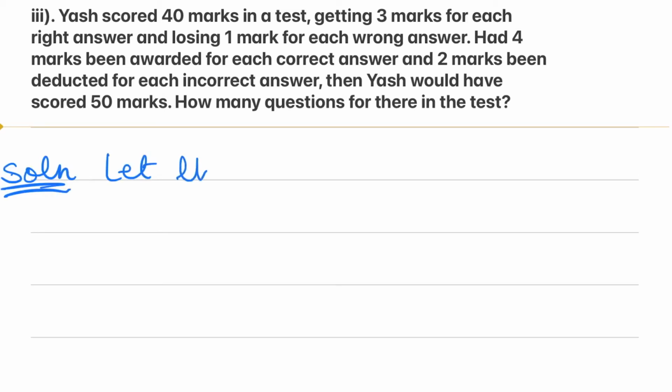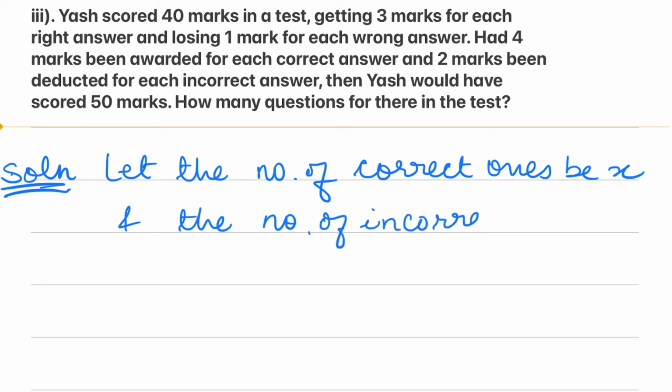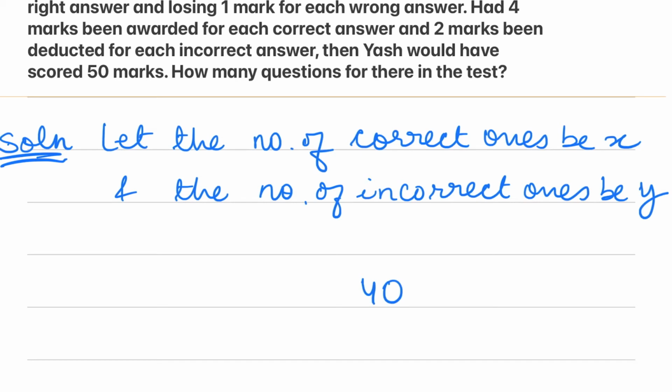So let the number of correct ones be x and the number of incorrect ones be y. So he got 40 marks in the first situation, where 3 marks for right answer, so 3x, but he lost marks, 1 mark for each y, so this is the first equation.